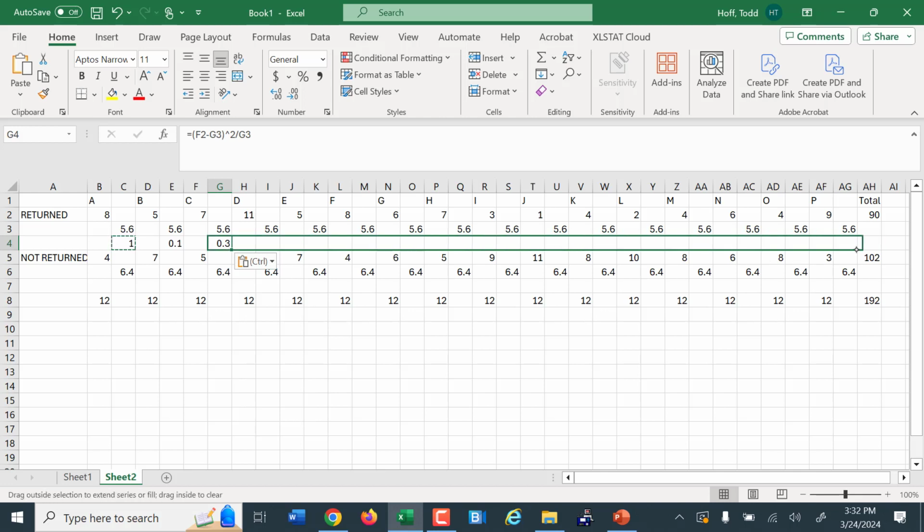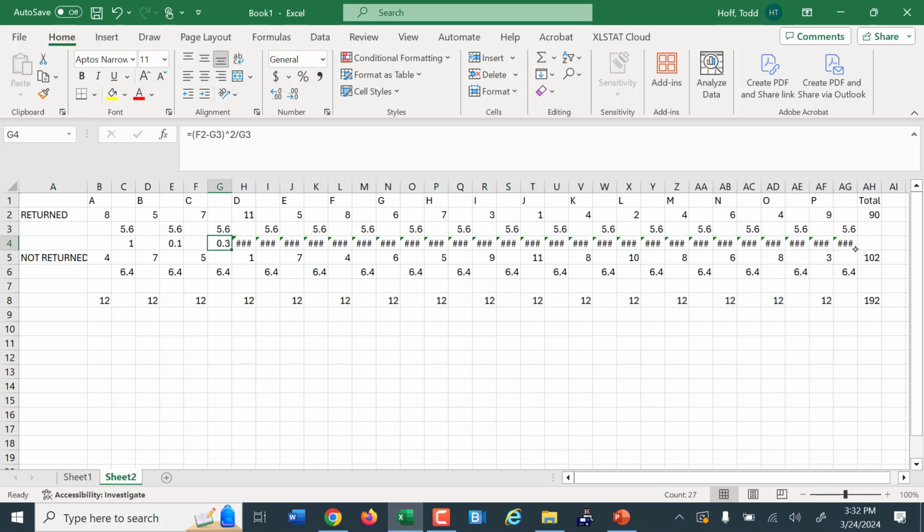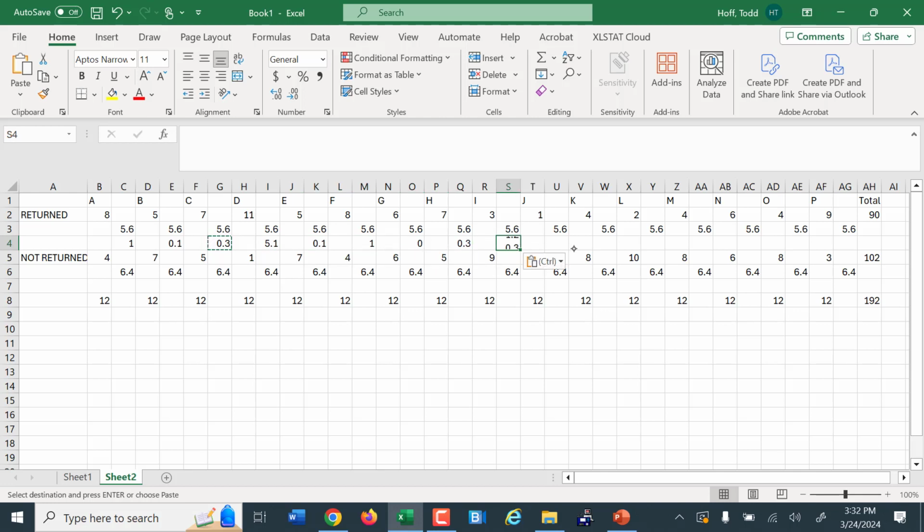Hopefully this should fill down. Nope, it doesn't want to do that. So we calculate it for each of those, all 16 cities.